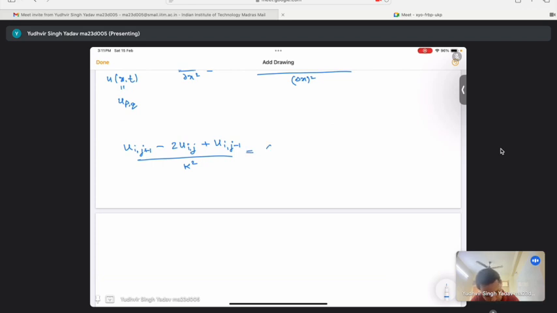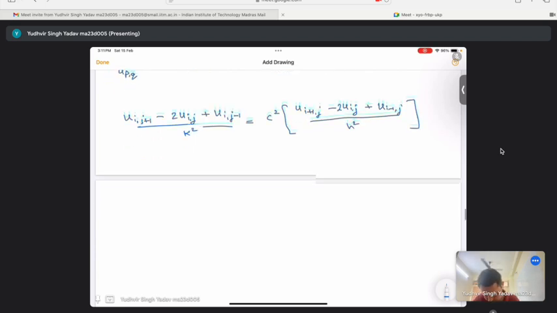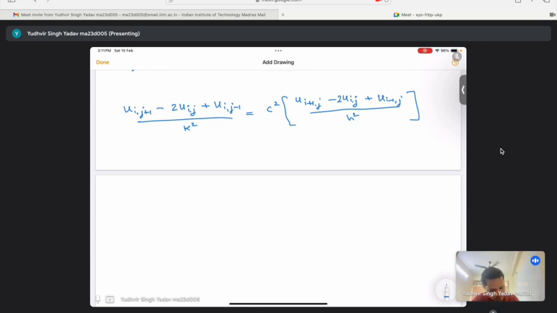And for the space dimension, we will have (u_{i+1,j} - 2u_{i,j} + u_{i-1,j}) divided by h square.